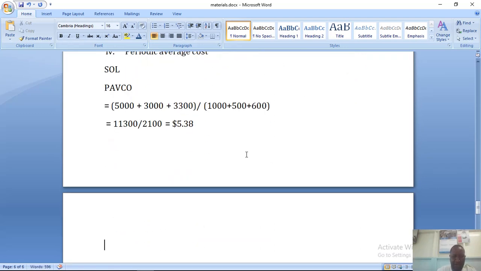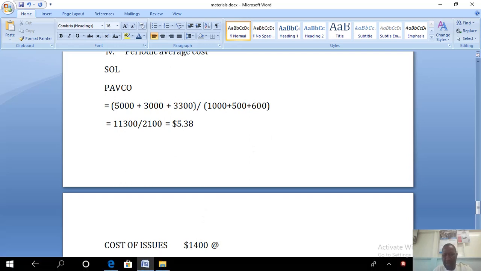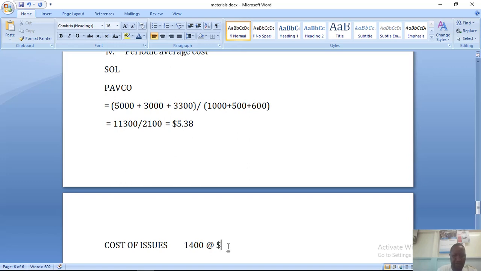So when you come to calculate the cost of issues, 1,400 units have been issued at the price we calculated, 5.38.